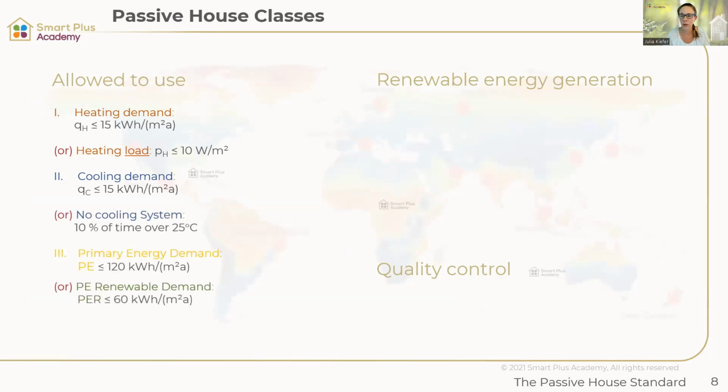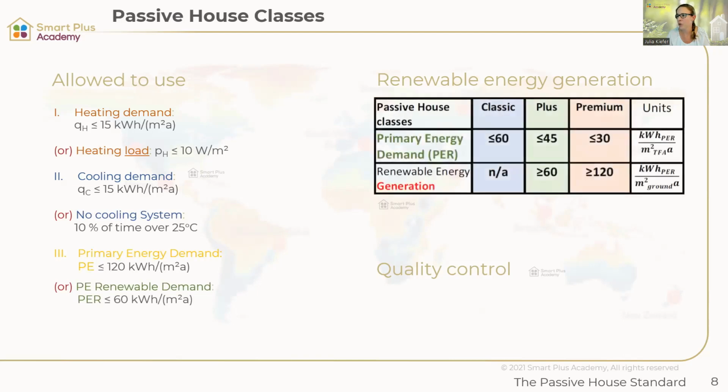We've gone through that before, but now we're coming on top at renewable energy generation. So obviously, ideally, we want to have very low energy usage and we want to produce some energy. And there come these classes into play. We have our classic Passive House, where our primary energy is lower than 60 kilowatt hours per square meter a year, and we're not generating any renewable energy.